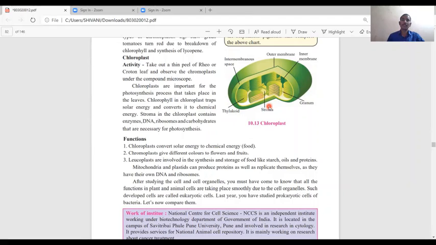Such developed cells are called eukaryotic cells. These eukaryotic cells are present in highly evolved unicellular and multicellular animals as well as plants. Now we are going to discuss the difference between eukaryotic cells and prokaryotic cells.